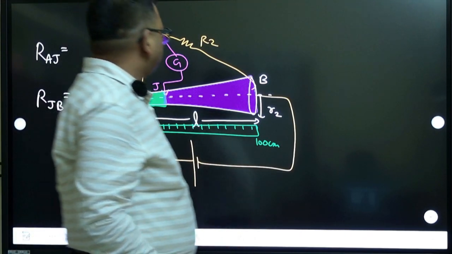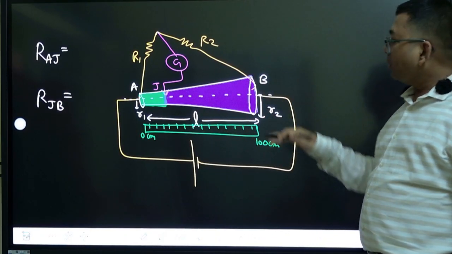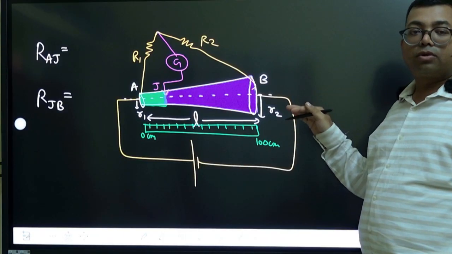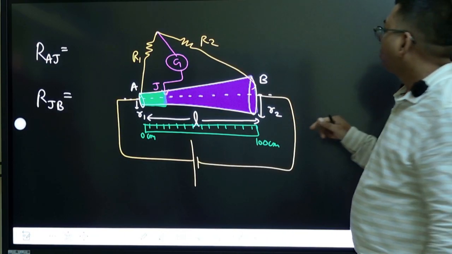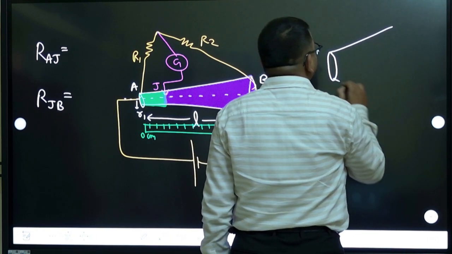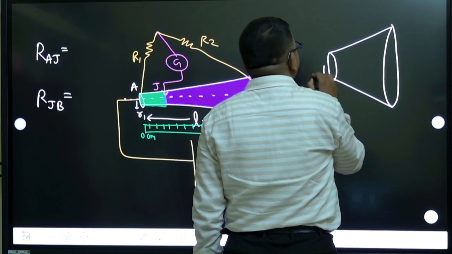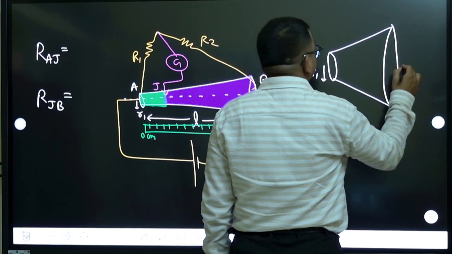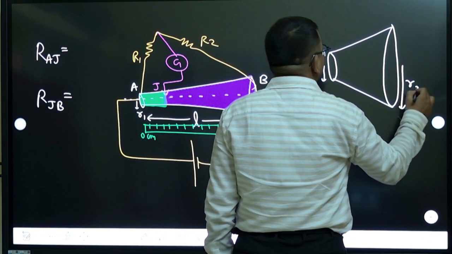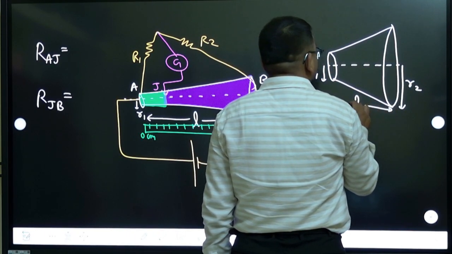First of all, you should know that here the radius is linearly changing. Why? Because it's a straight line slope. So suppose you take this wire like this, and let us say its radius is R1 here and radius is R2 here. Length is L and resistivity is rho.